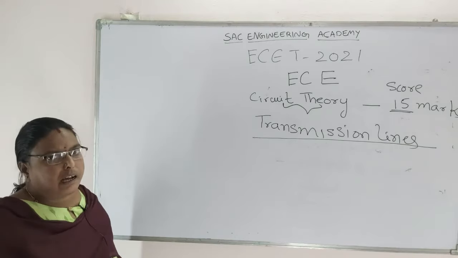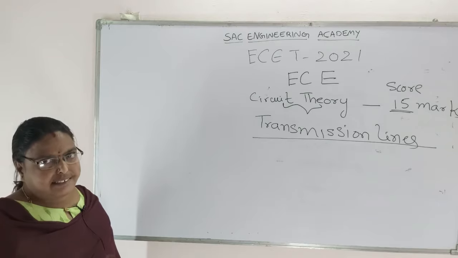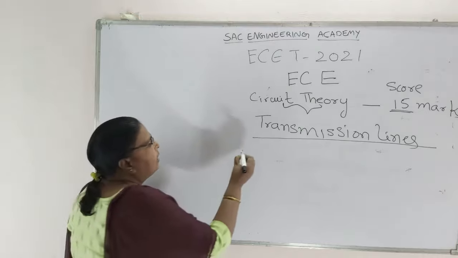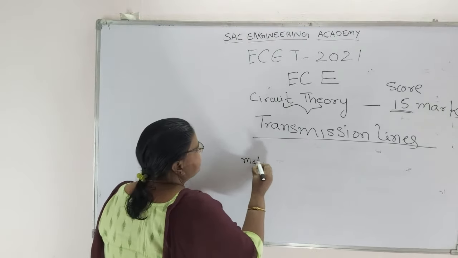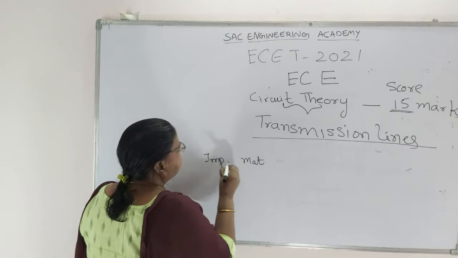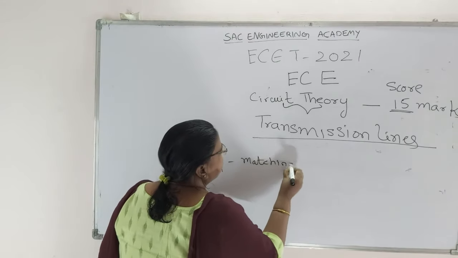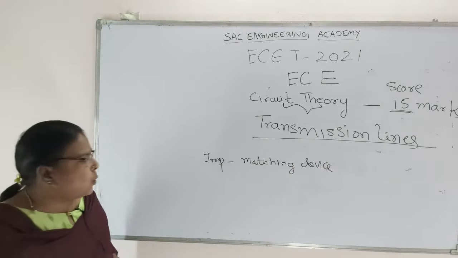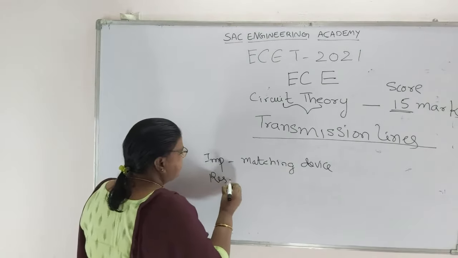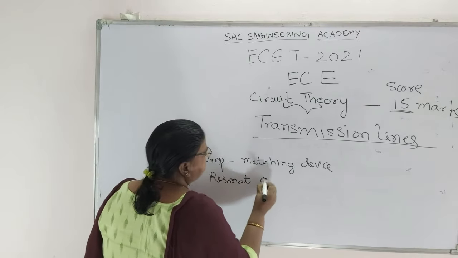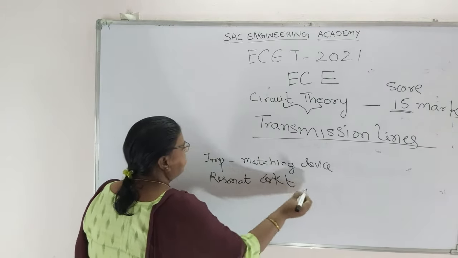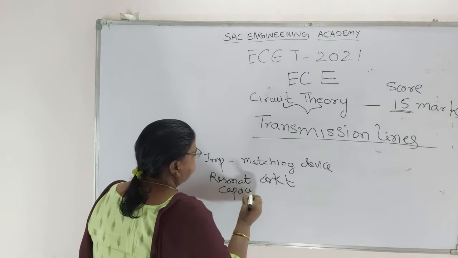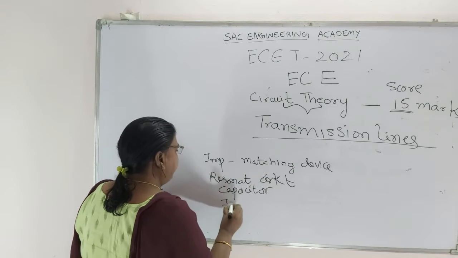It is also called a good impedance matching device. Next, it is also called a resonant circuit, made of capacitor and inductor.